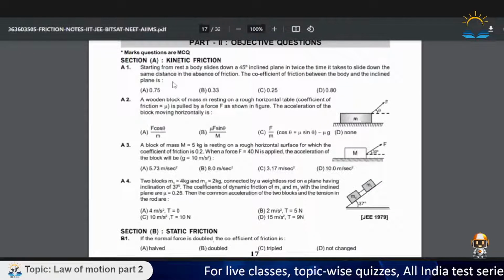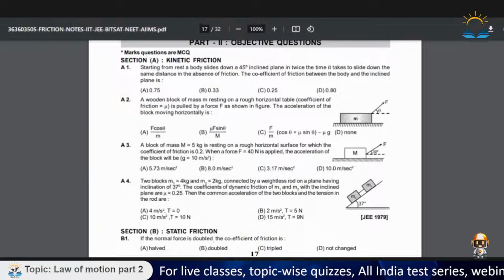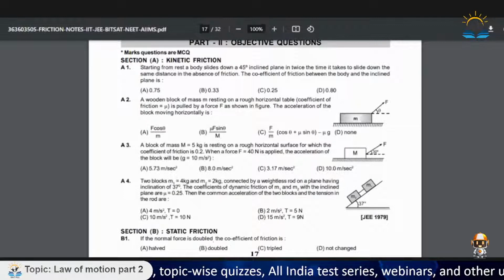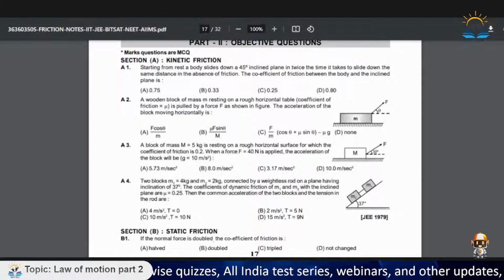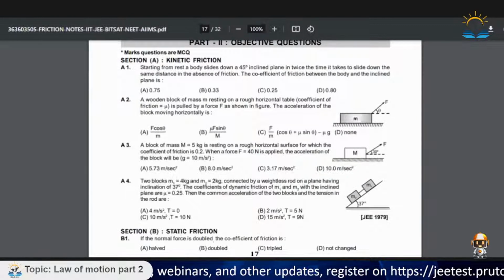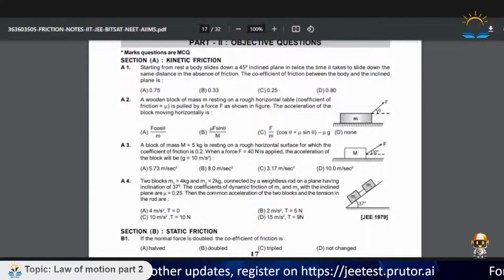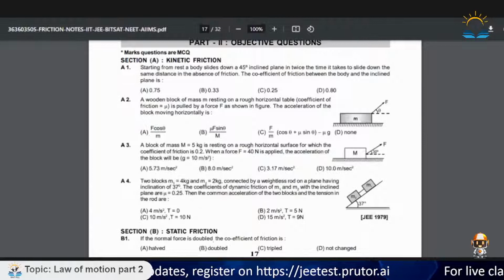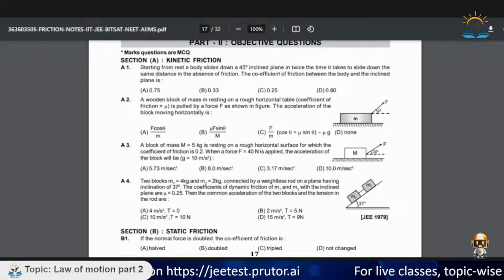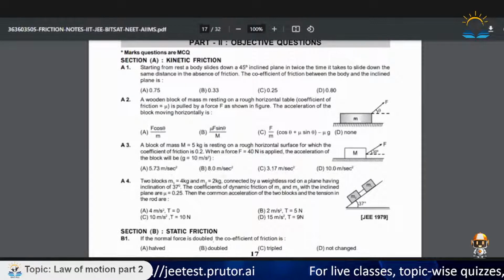So we will write the equations of kinematics here. Here mg sin theta, that is mg sin 45, is acting in the downward direction. We will write that displacement is equal to half a t square, so s is equal to ut plus half a t square.